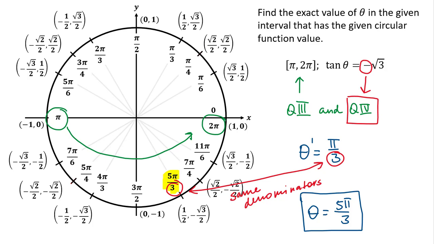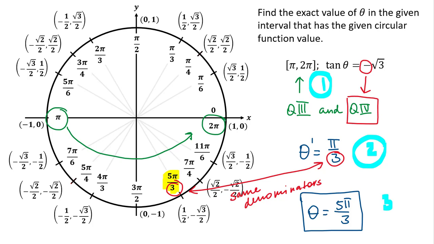If I recap all the steps, in step 1, we had to identify the quadrant or quadrants based on the given interval and the sign of the function. In step 2, we determined the reference angle because we knew that it had the same numerical part of the function value, which was tangent, as the angle that we're looking for.